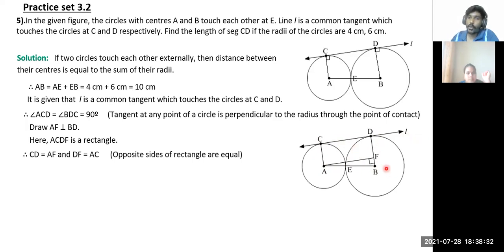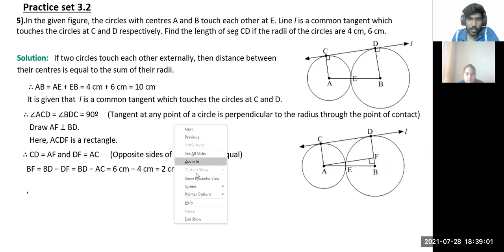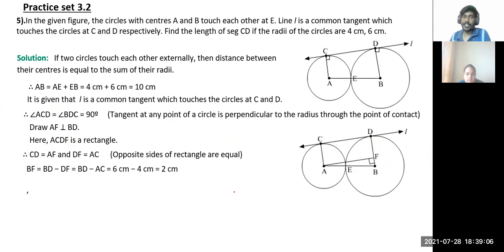Now, you know the property of a rectangle. In a rectangle, opposite sides are equal to each other. So CD is equal to AF and CA is equal to DF. This is simply the properties of a rectangle. Now, look at side BD.